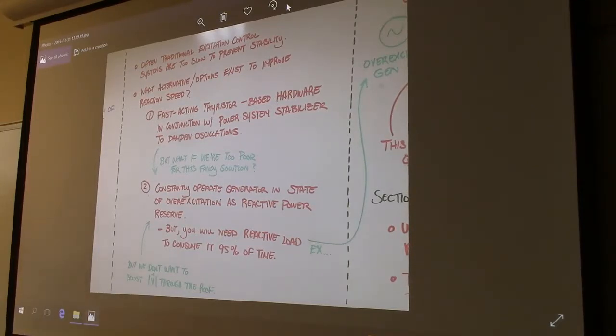So what alternative options exist to improve reaction speed? One is called the fast-acting thyristor. A thyristor is a kind of solid-state switch. We'll talk about this a little bit later on, but there are various power electronic devices that you can build that use shunt capacitors in order to supply reactive power very quickly.